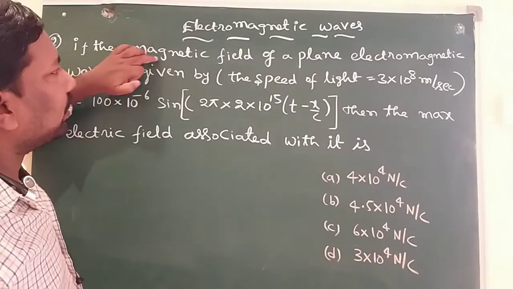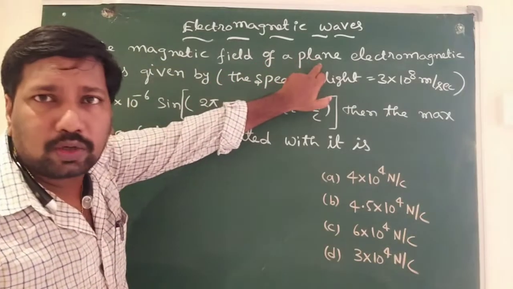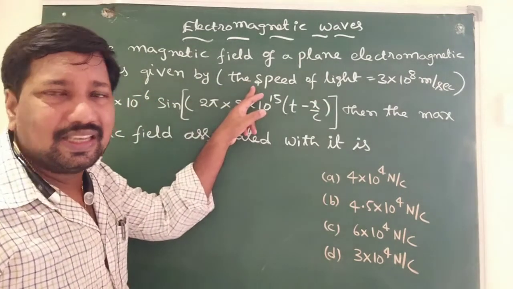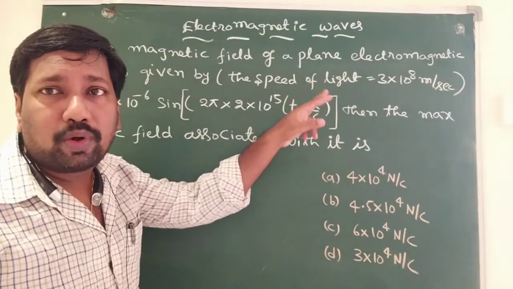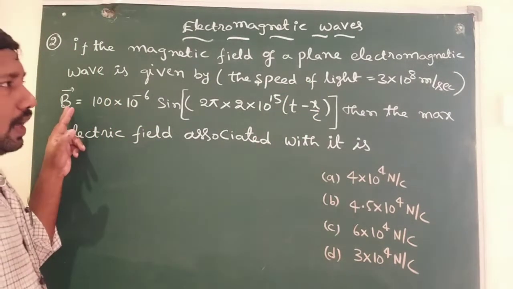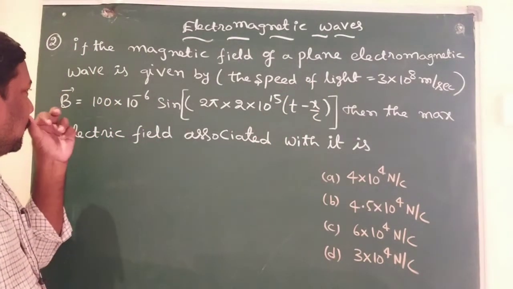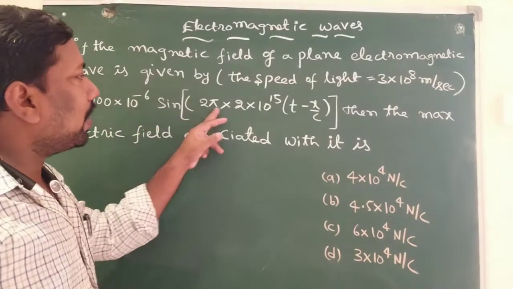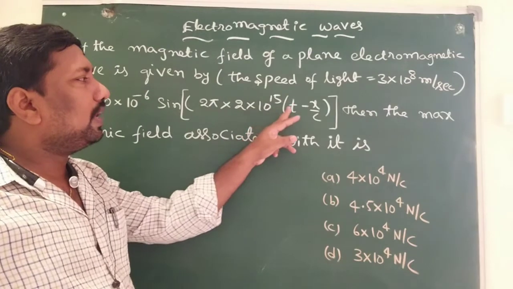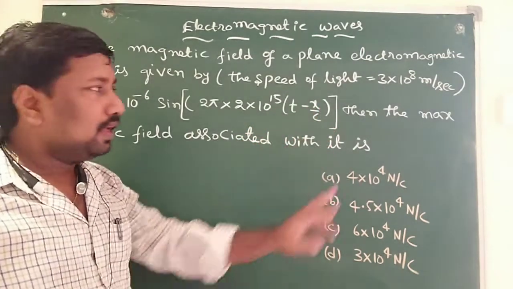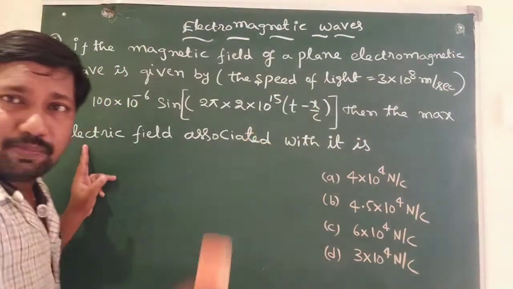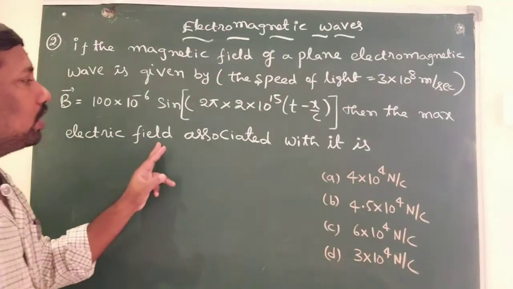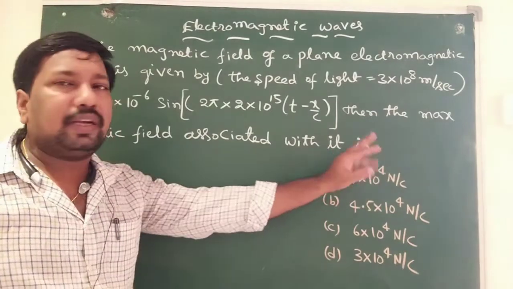Next, second problem in the same chapter. If the magnetic field of a plane electromagnetic wave is given, with speed of light 3 into 10 power 8 meter per second, and B bar is equal to 100 into 10 power minus 6 sine 2 pi into 2 into 10 power 15 t minus x by c, then the maximum electric field associated with it is.